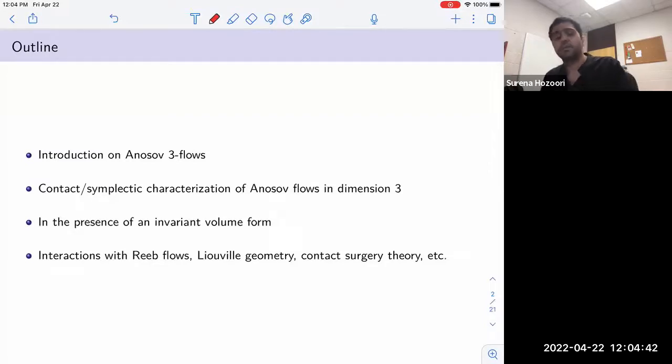Then I will discuss what the existence of an invariant volume form would imply about the picture that I'm painting. And finally, I'll try to connect this characterization to various subfields in contact and symplectic geometry, like Reeb flows, Liouville geometry, contact surgeries, and so on.